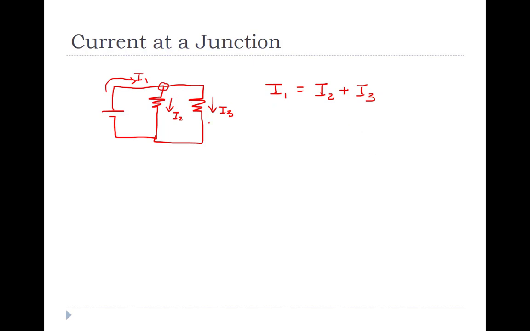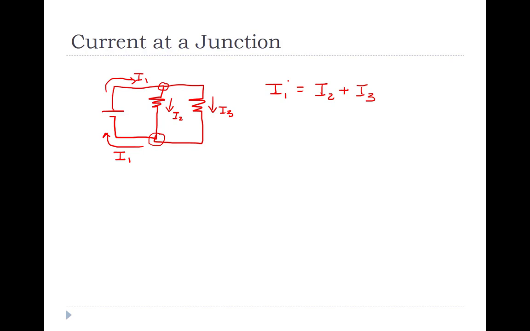After passing through the resistors, I2 and I3 come back around and they hit the lower junction in this circuit. At this lower junction, they reform into I1. So again, I2 and I3 are coming into the junction and I1 leaves. And so that again results in the formula we wrote for the upper junction.